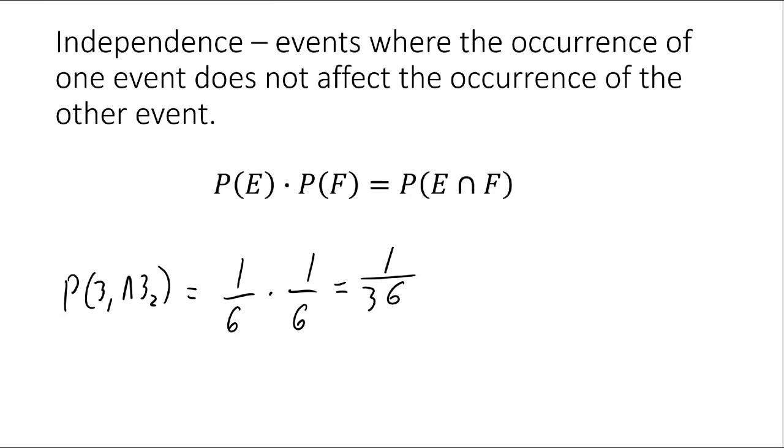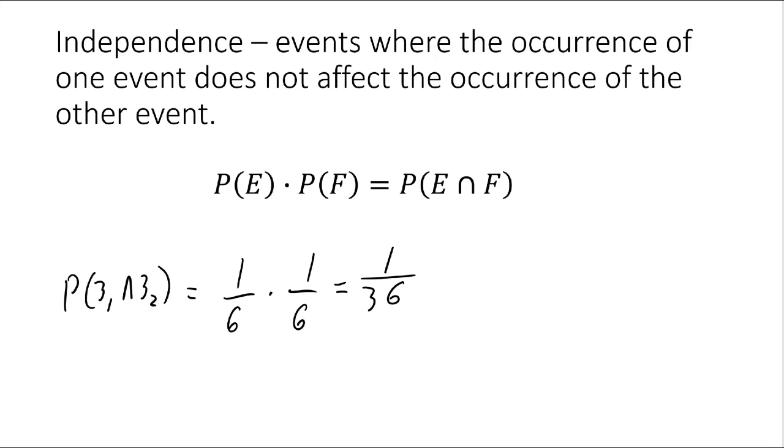And if you look at the dice table we created last time, you'll see there is exactly one entry in that 36 entry table that is the die roll 3-3. So when we have independent events, to find the intersection of those events, we can just multiply the probabilities together.